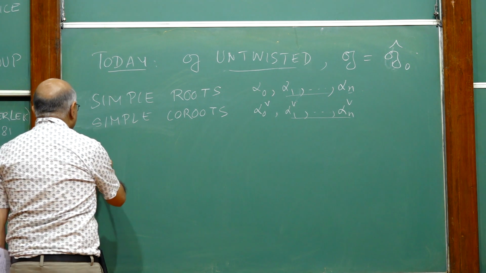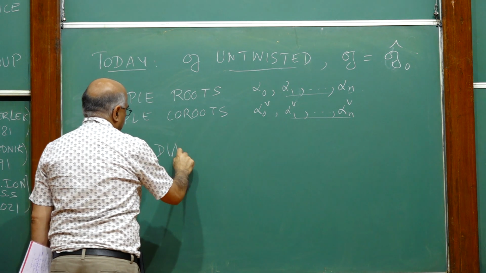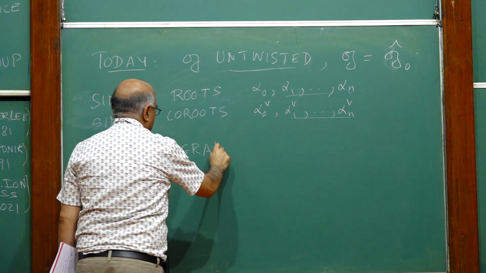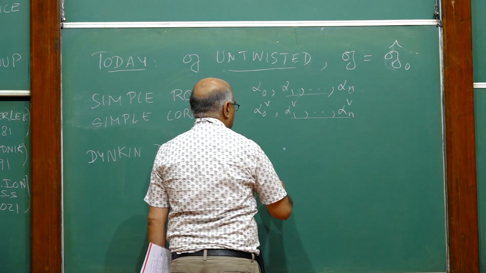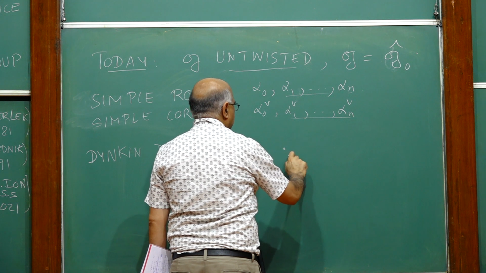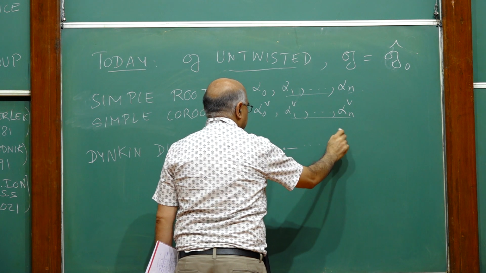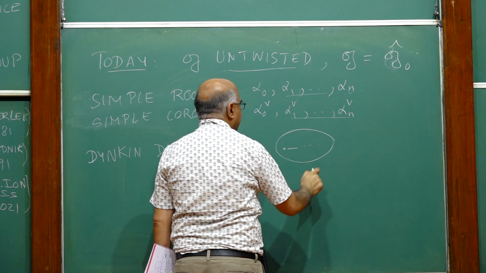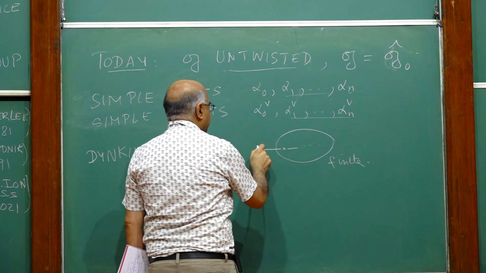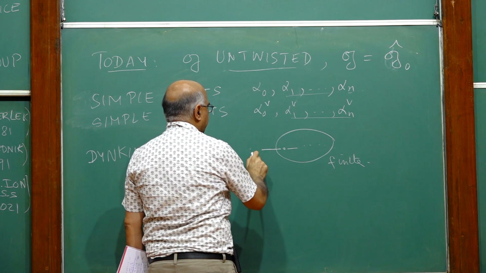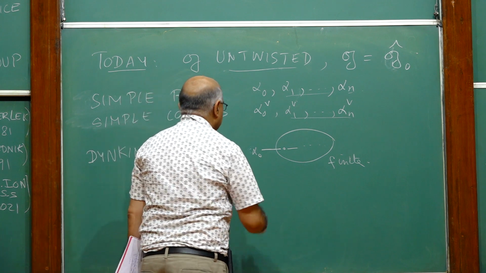Now you have the Dynkin diagram. Here is some finite Dynkin diagram, and this is finite. And then maybe you have something attached over here, some node 0. So there's an affine node.